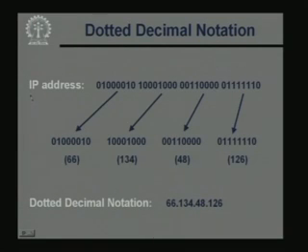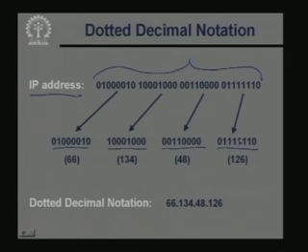Suppose I have an IP address, this is a 32-bit quantity like this. This 32-bit address I am dividing into 4 8-bit chunks, these are the 4 octets, and each of the 4 chunks I am converting into decimal. This is 66, this is 134, this is 48 and this is 126.